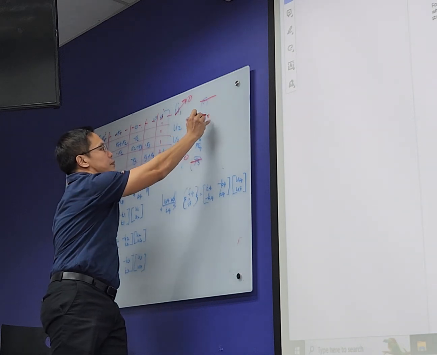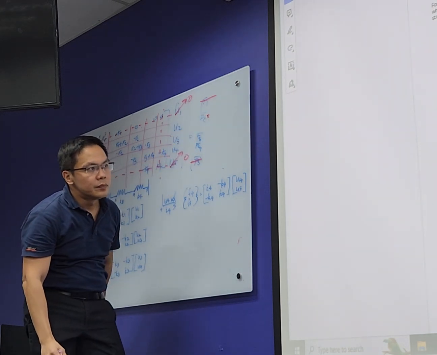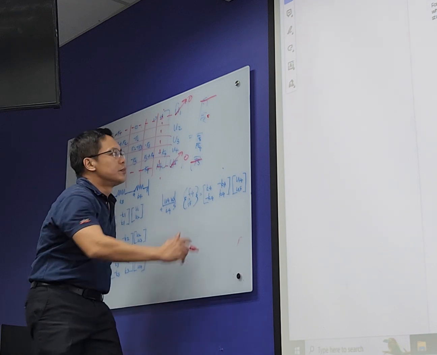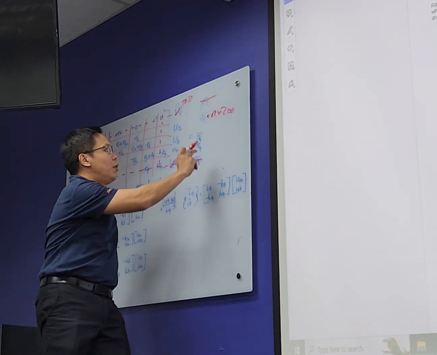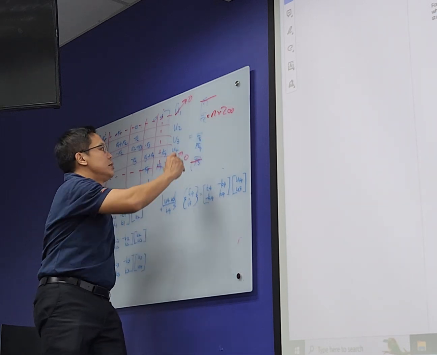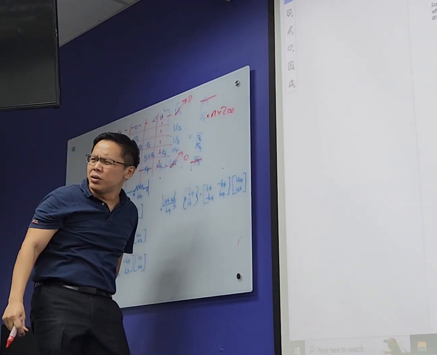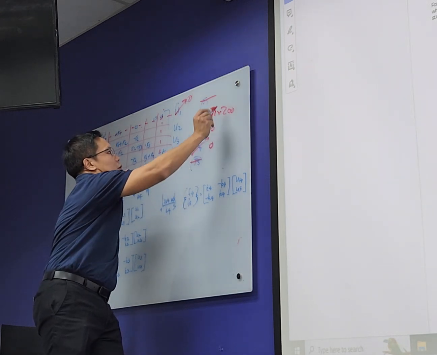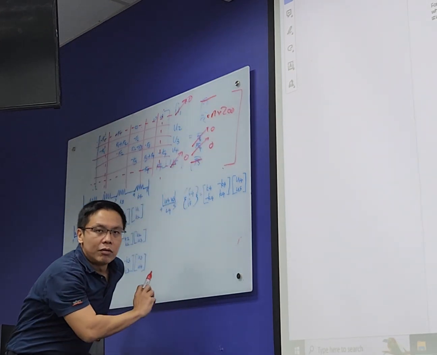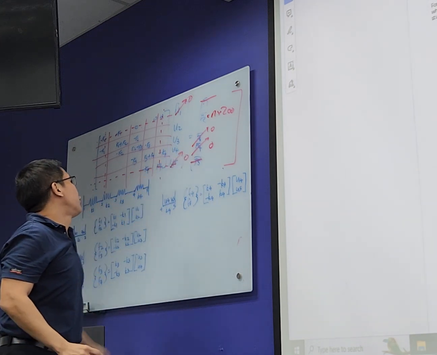So what is F2? 200. Equals to n times 200. Agree? What's F3? 0. F3 equals to? F4? Do I take out the third and the fourth row?